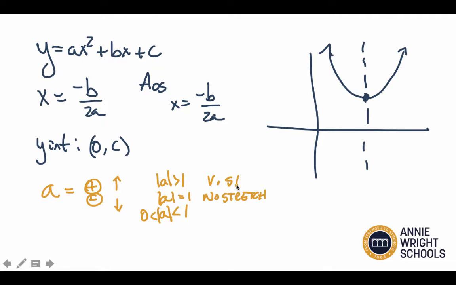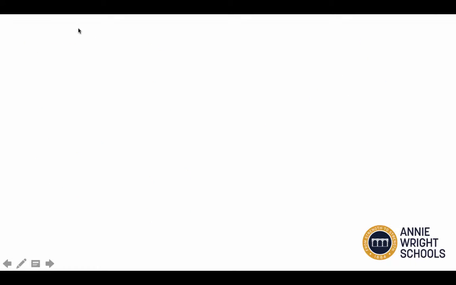So a vertical stretch means it's stretched compared to some base comparison. And then a vertical shrink means it is not as vertically stretched as when a equals 1. So we need to know what happens if it's 1. We're going to write no stretch.